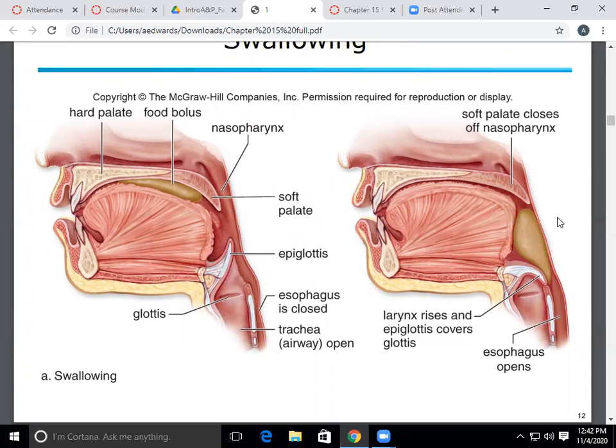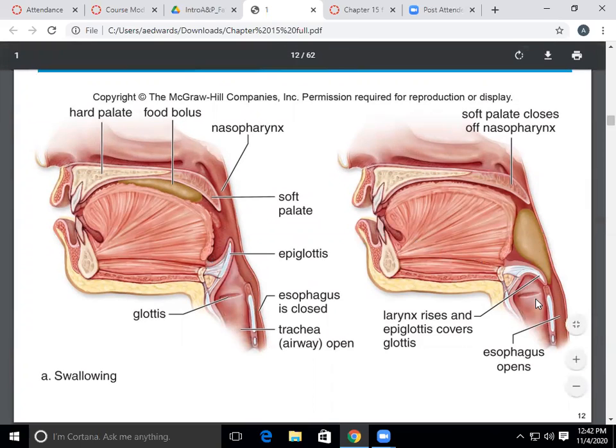Okay, but once you move that food down into your oral pharynx, your epiglottis is going to cover up your glottis. Okay, so then essentially your trachea is closed and your esophagus is open. Okay, so that way food's not going down into your trachea. So the epiglottis is keeping food from going into your trachea.